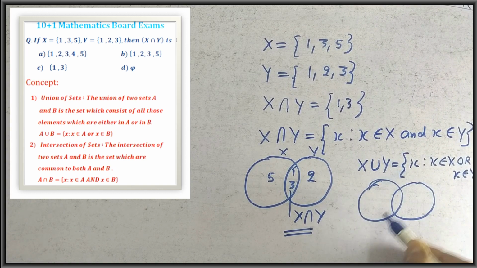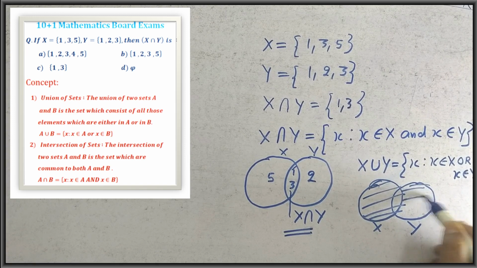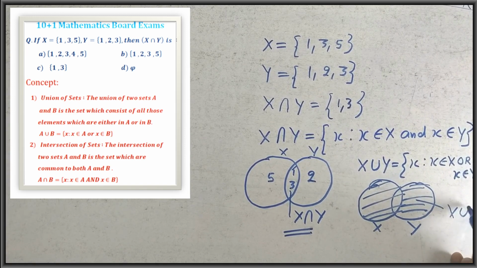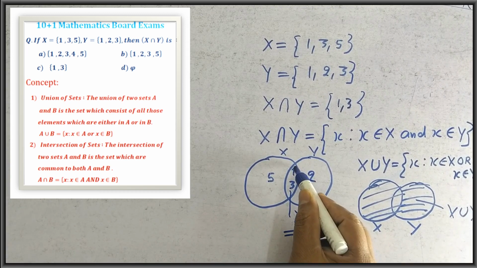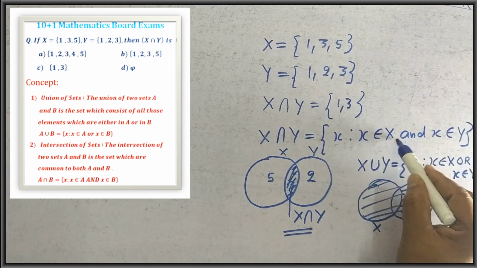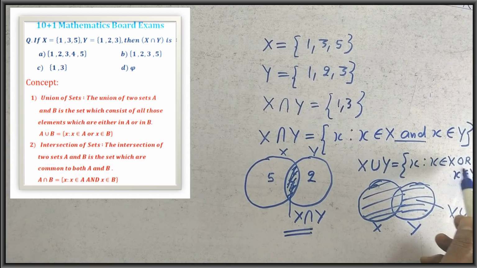See, this is x, this is y, and all this shaded region is x union y. Here only this portion is x intersection y, right? You should be familiar with this, that in intersection you get 'and'.